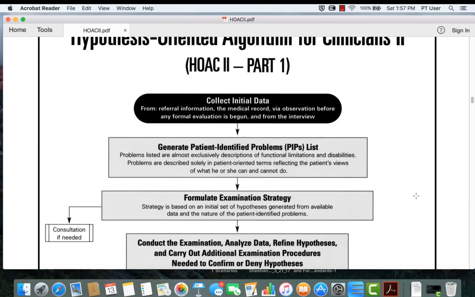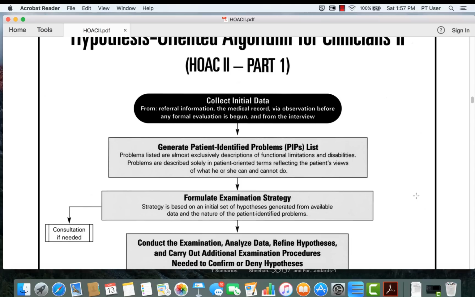We want to list their problems in terms of what they can't do and how it affects them and their roles in society, versus going in there and listing problems that relate specifically to pain, weakness, loss of range of motion, loss of sensation. We will get to those. Those are important.